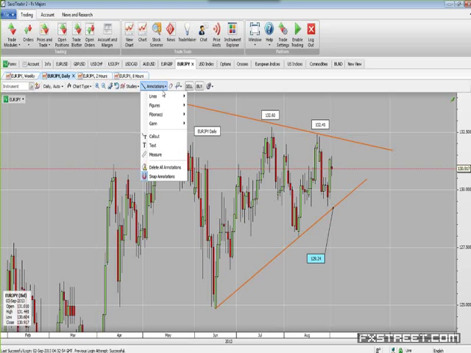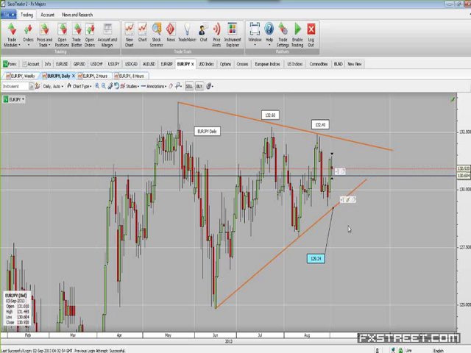If we look back for price action really since April, this level has been quite solid. My medium term view, to be perfectly honest, I haven't really got one.